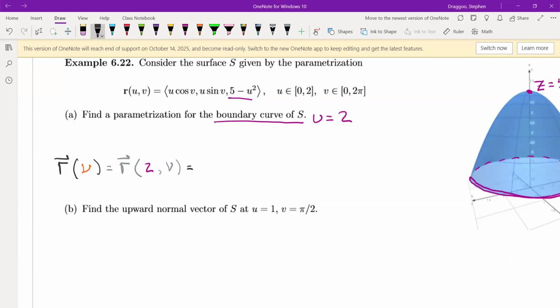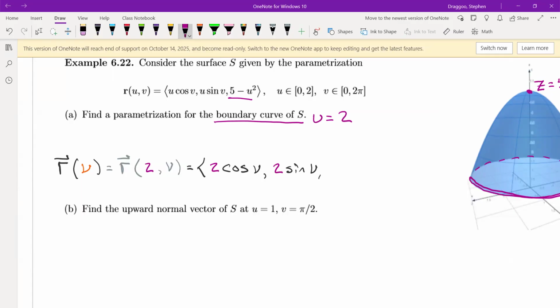So if I do that, this boundary curve should just be r of u and v, but with 2 plugged in for u. So I think that's going to be 2 times cosine v, 2 times the sine of v, and finally, 5 minus 2 squared is going to be 1. I try my best to make sharp edges on those v's because u's and v's tend to look a lot alike, particularly in handwriting.